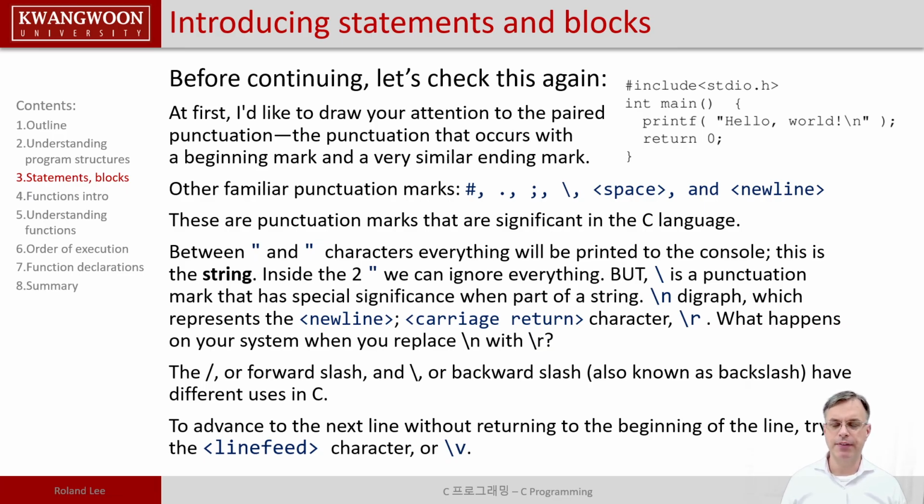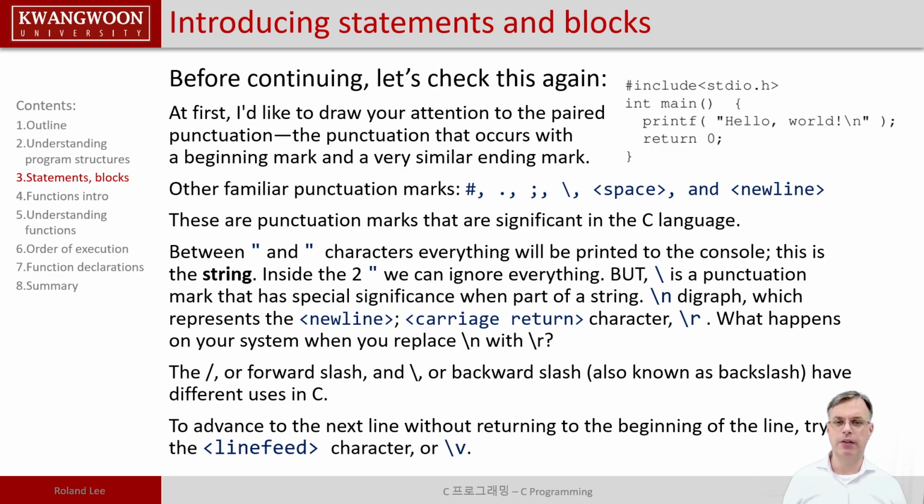They have different uses in C. As we have seen with the C++ style comment, two forward slashes constitute the beginning of a comment, terminated by the new line character. We will come back to the new line in a short while.